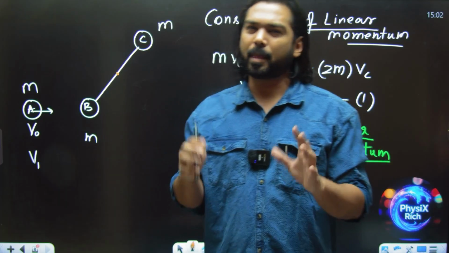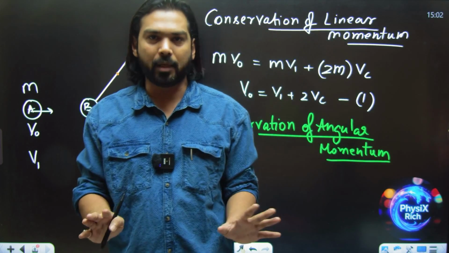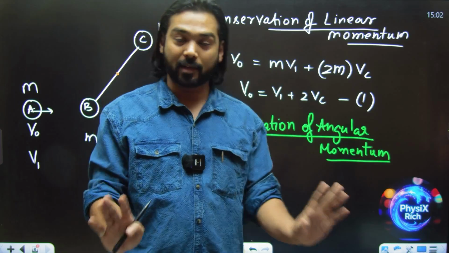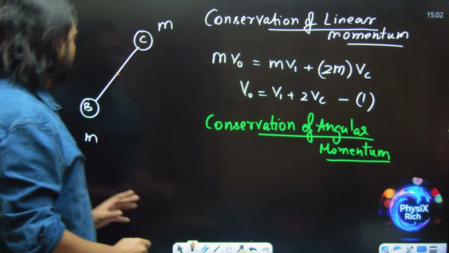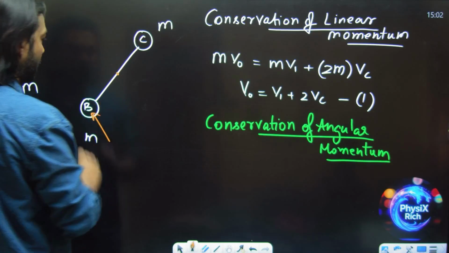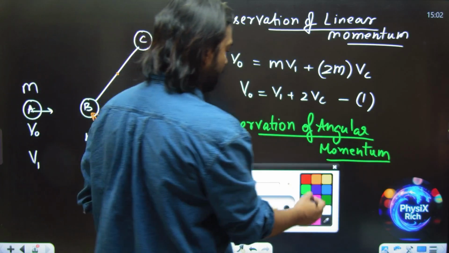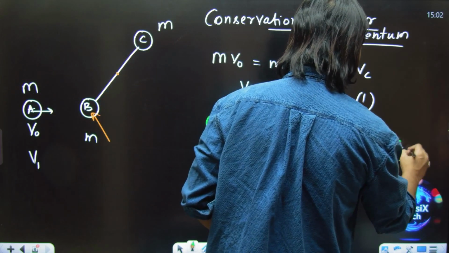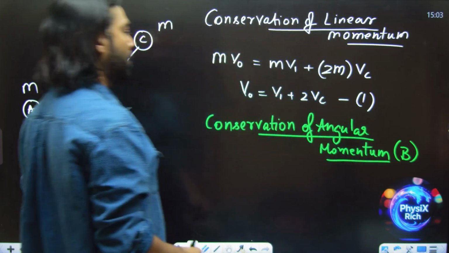But in my personal opinion, as a teacher and in fact as a student, I would tell you that you should conserve the angular momentum about this point. So we will conserve the angular momentum about the point B, about the mass B.